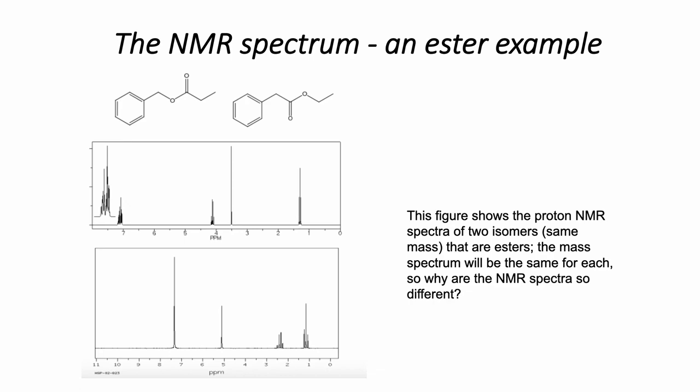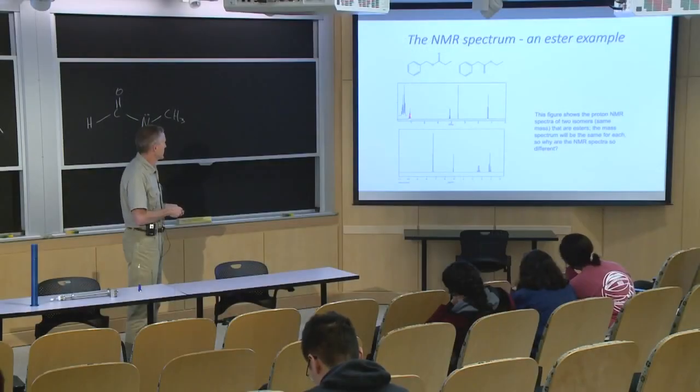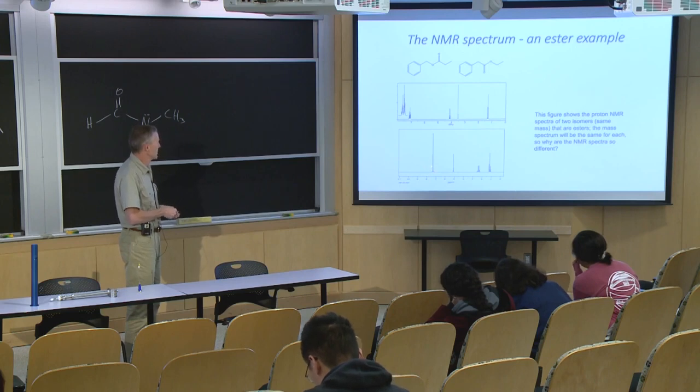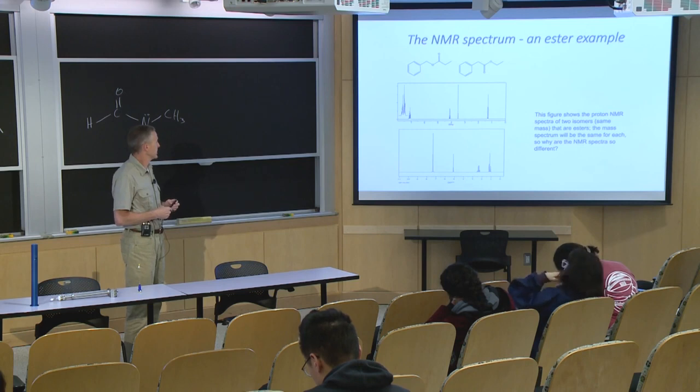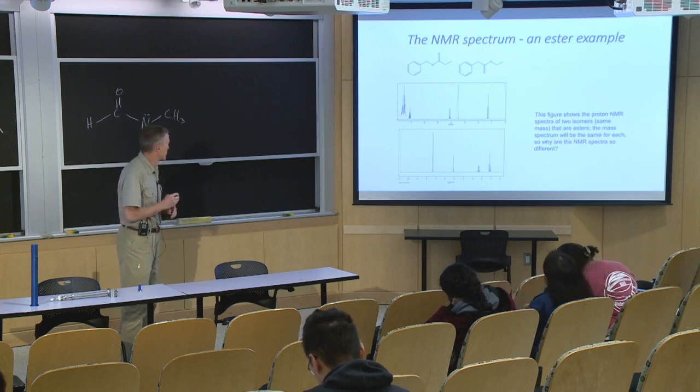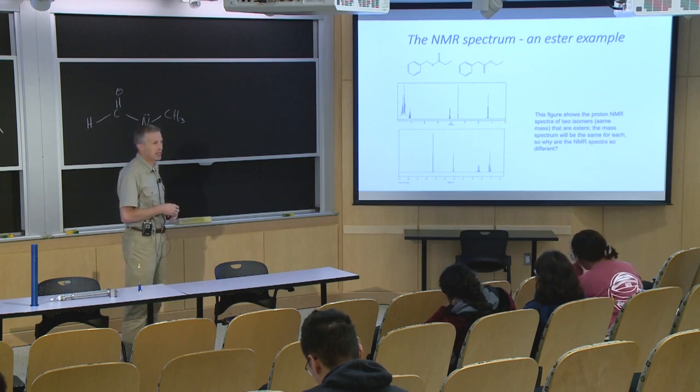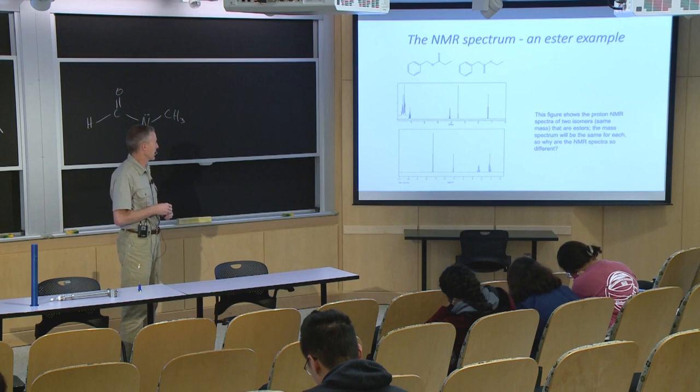So they're in a de-shielded region. So right off the bat, we can say that these peaks must be from the protons on the phenyl rings. Unfortunately, there's no integration on here, but if I had the integration values, you would see that those both integrate to 5, and that would tell you something about it too.